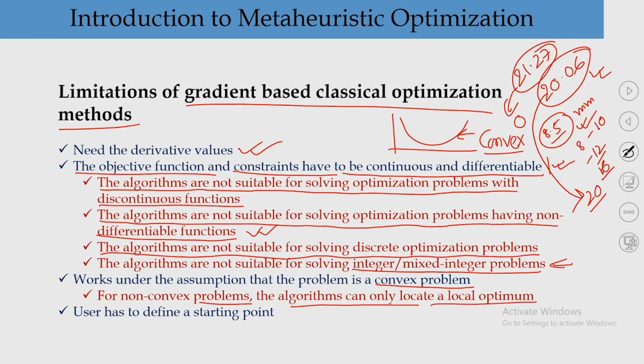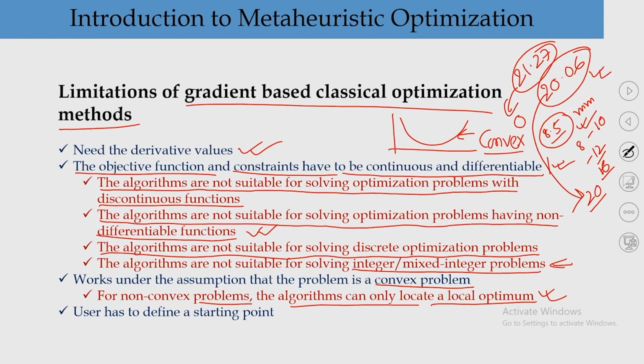So, as I said, you can apply these algorithms on a non-convex problem, but in that case you will get a local optimal solution, provided the function is continuous and differentiable. Now, the question is how to get the global optimal solution?